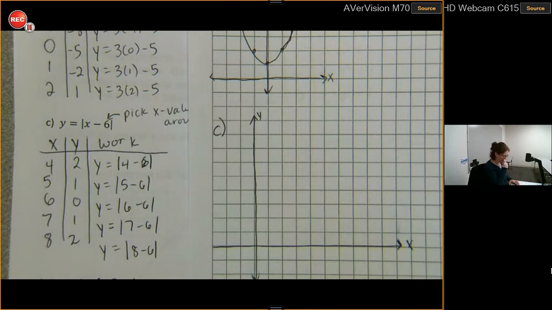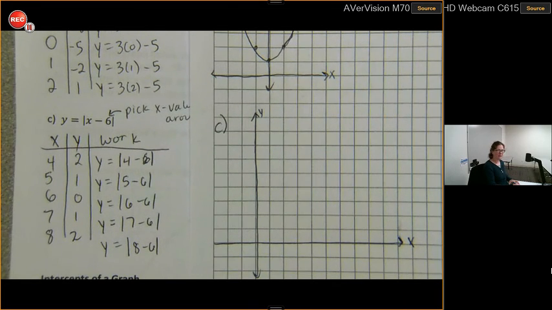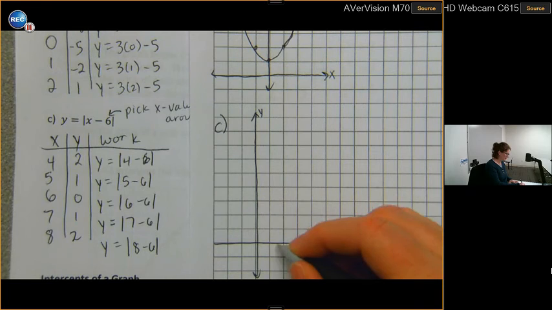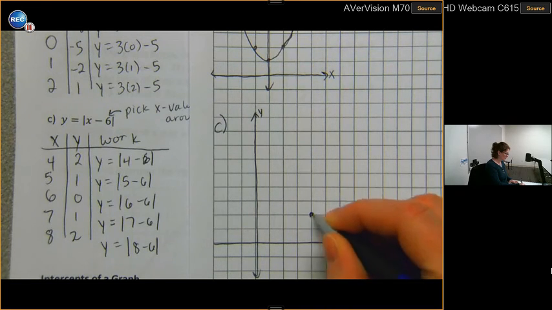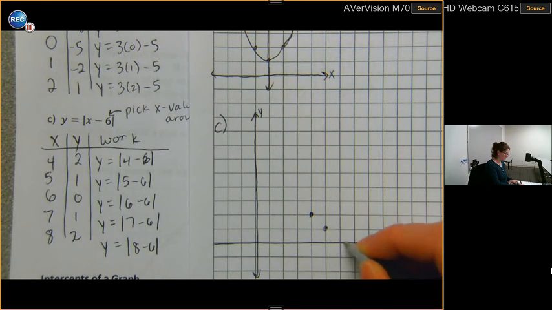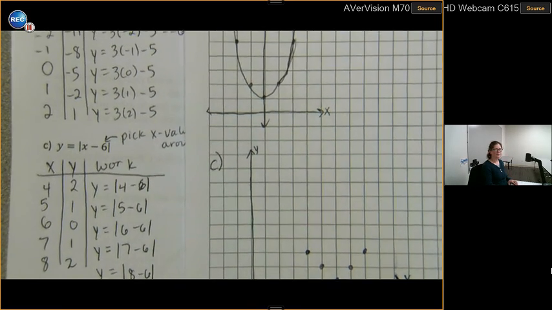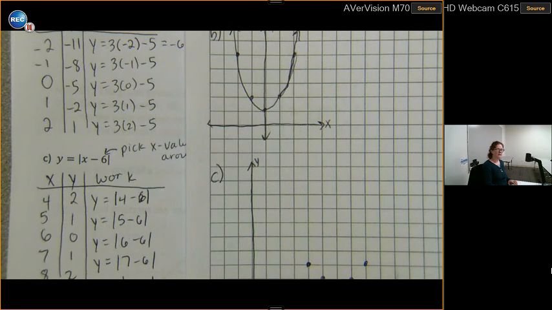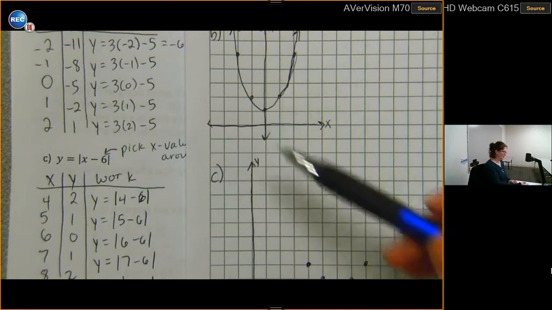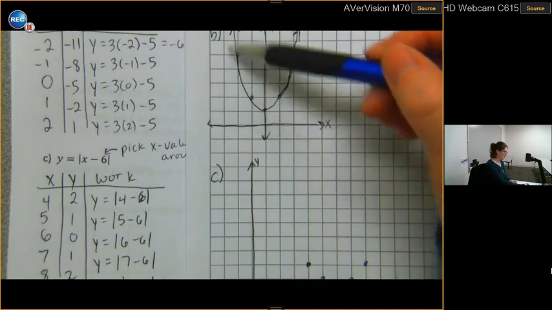I think I can scale by ones again, so I've got my graph big enough, so I'm going to go ahead and plot my points. And this time, my points make a V shape. So it's different. Last time on part B, it was a U shape, because I couldn't make a straight line.